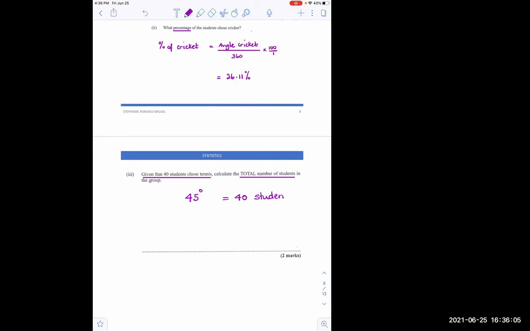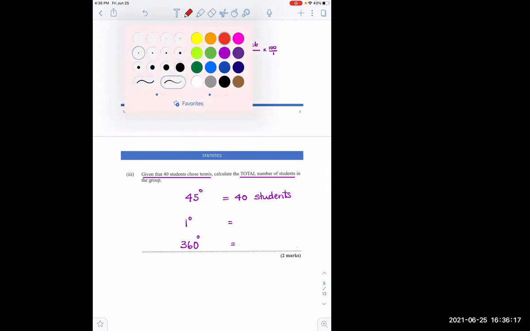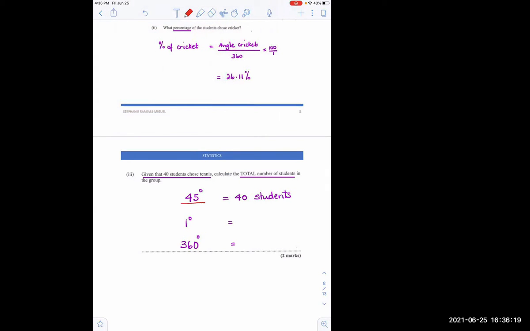So you have to find for 1 degree and then find for 360 degrees. How do I find for 1 degree? I have to divide both sides by 45. So this is 40 over 45. So for 360 degrees is 360 multiplied by that. So see what you get.